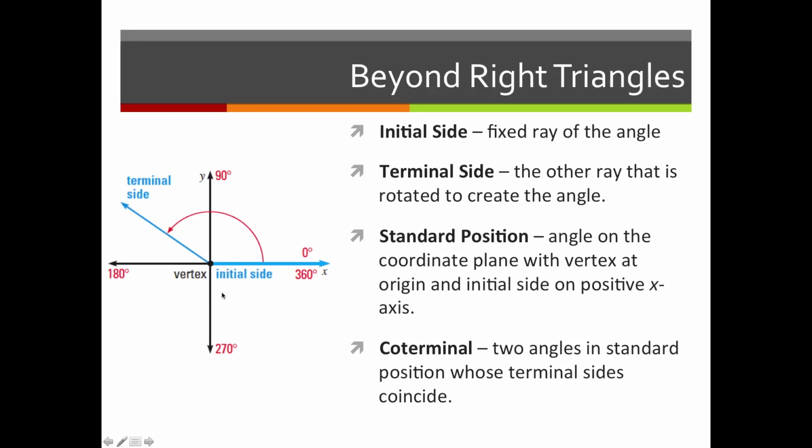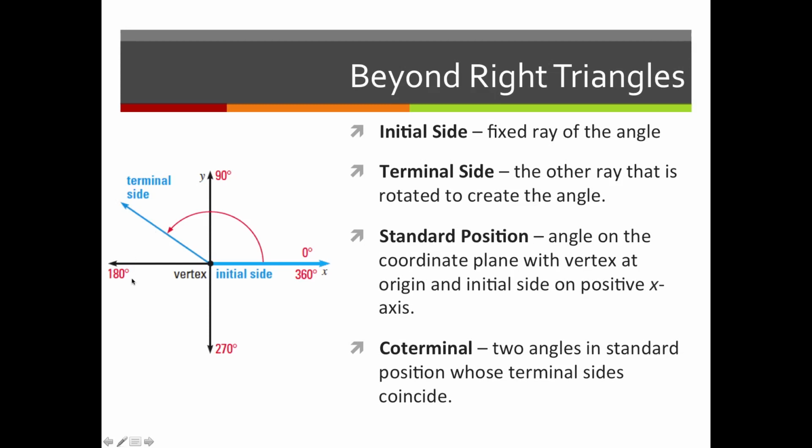Another term that you want to be familiar with is the term coterminal. Coterminal angles are two different angles who have terminal sides in the same spot. So maybe I have this angle here. Let's say that maybe this is a 135-degree angle. And then maybe I have another angle that went this way around.